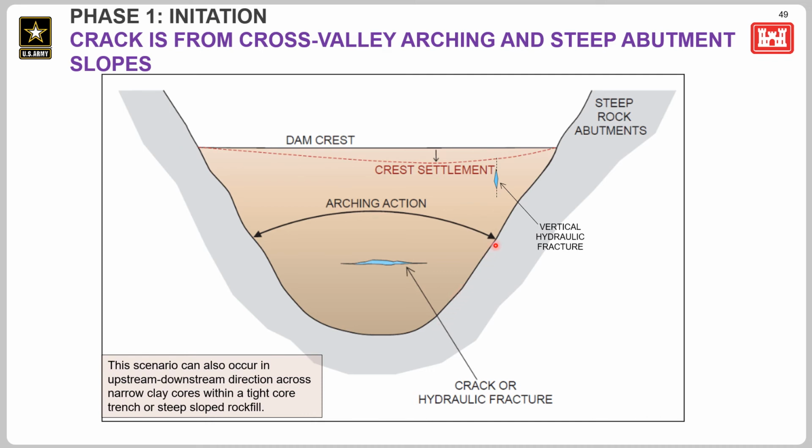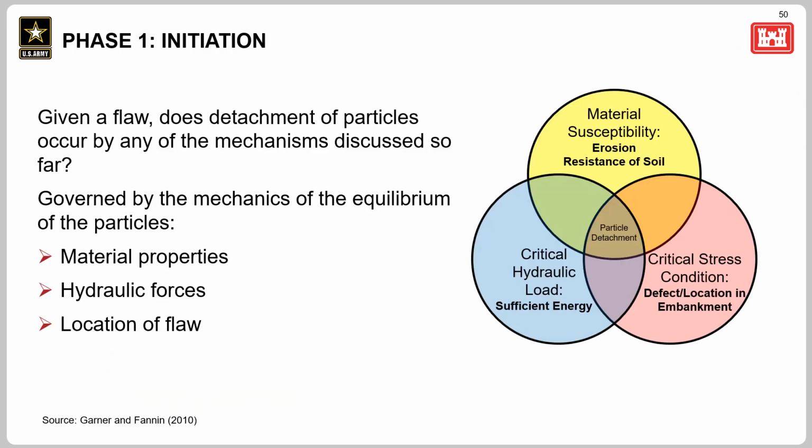In conditions like this, vertical stresses are shed onto the sides of the valley, which can lead to hydraulic fracture within the embankment. And that's a vulnerability for internal erosion. If we have stress conditions conducive to a flaw, we next consider whether particle detachment can occur.